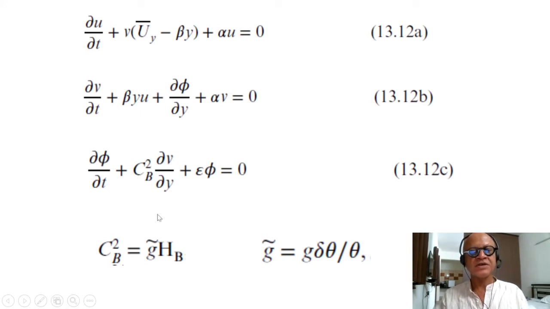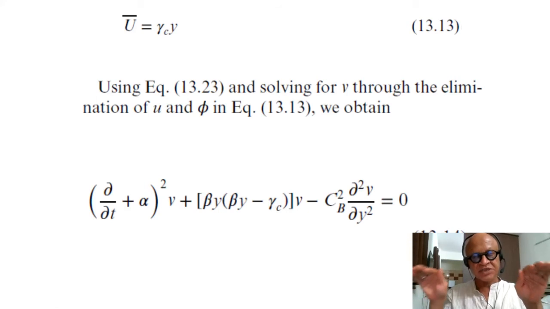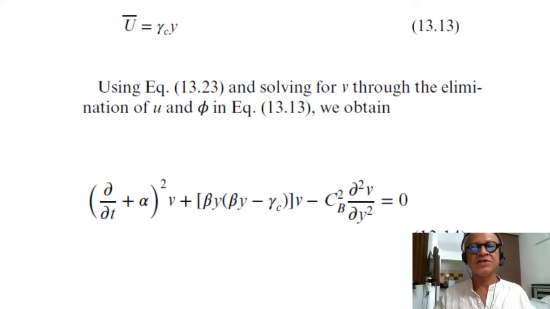Here cb squared is g tilde hb, where hb is our average mean depth of the boundary layer. g tilde is our g delta theta over theta, which is like our reduced gravity that we did before, right? So set u bar equals gamma c times y, where we are relating the horizontal meridional sheared balanced winds, the basic state, to the vertical stability.